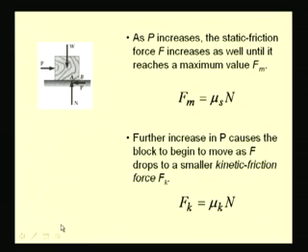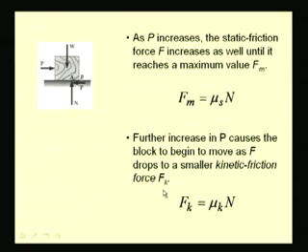And further, when this force P is increased, the block starts to slide and the frictional force drops to a lower value and remains constant, and that frictional force which exists when the body is in motion is known as the kinetic friction.